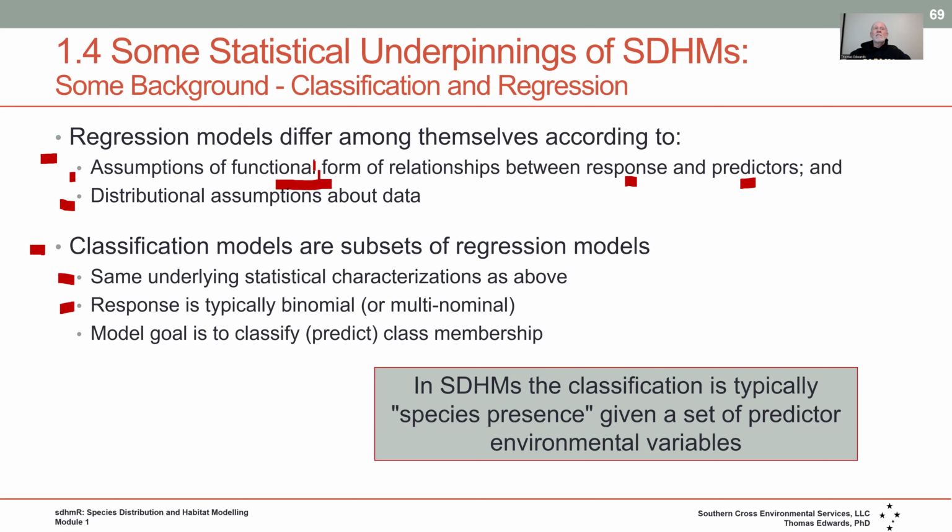However, the response, that is the functional form here, is typically binomial or it can be multinomial. Now, the model goal is to classify, or we often use the word predict, class memberships. And in our distribution modeling arena, the classification is typically focused on the species presence given the set of predictor environmental variables.